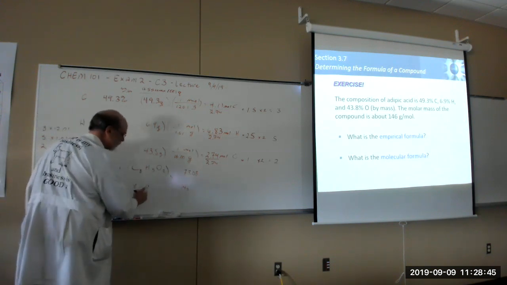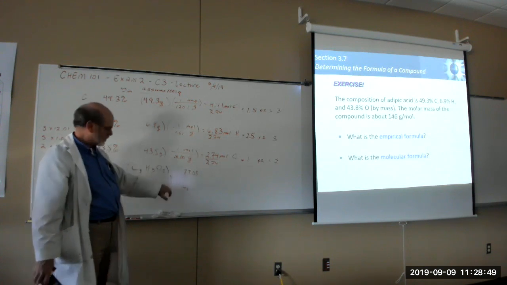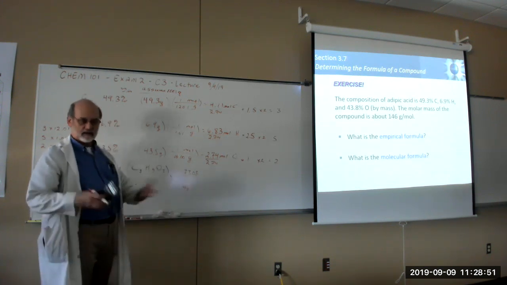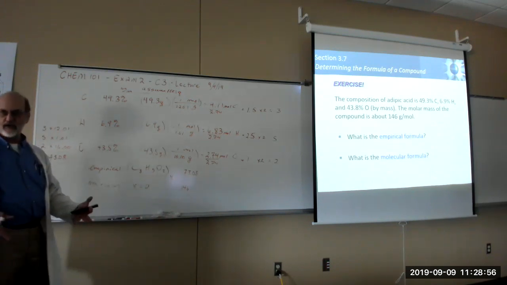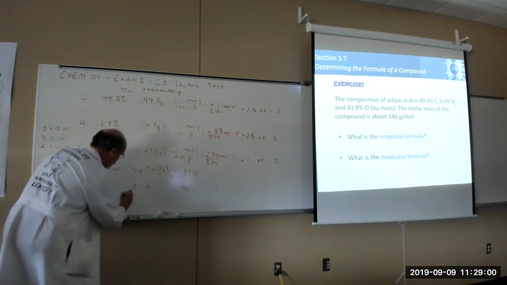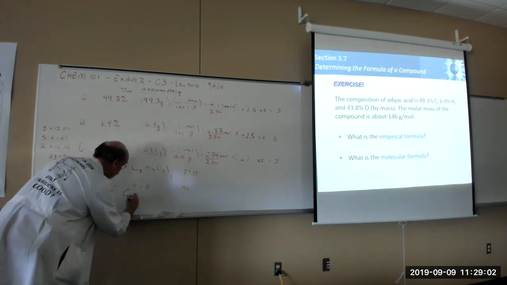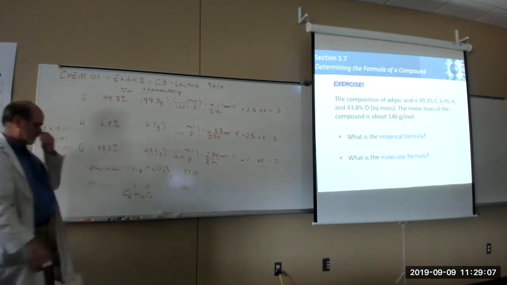X equals 2, because this one is twice that one. Or just take this one, divide by that one, gives you a number. And you want the simplest whole number. So X equals 2, that means the molecular formula is C6H10O4.